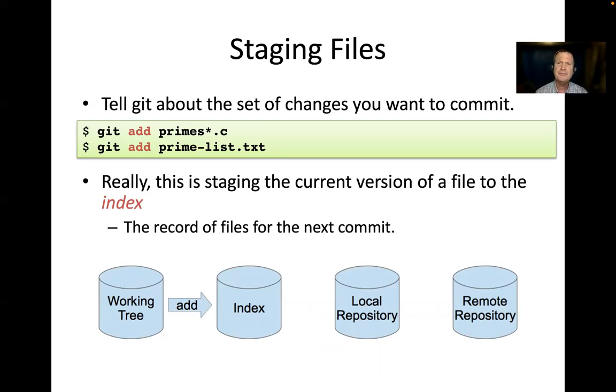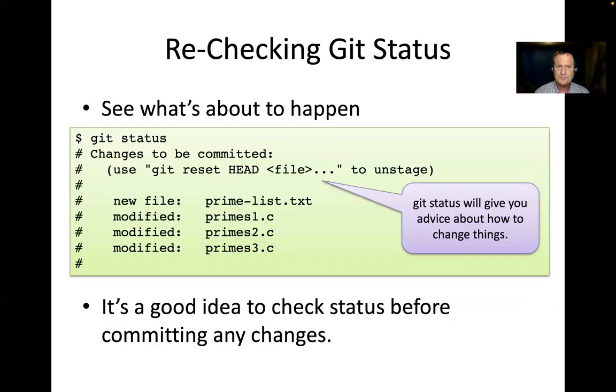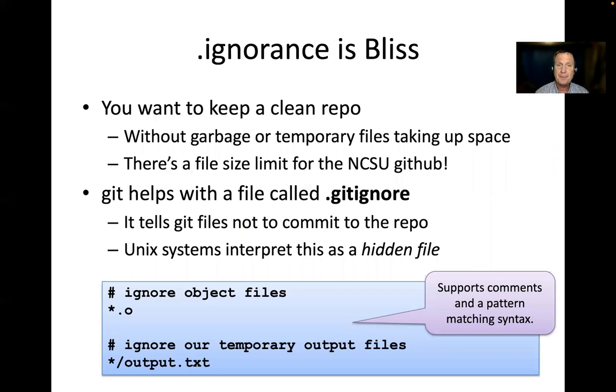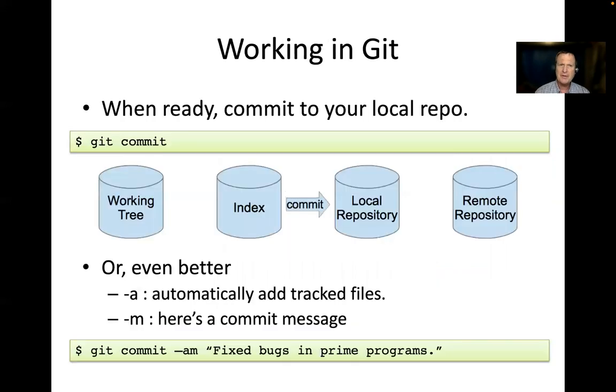And that's the set of changed files that are going to go into the next commit, that are really what's changing in the next version of the repo. So adding our files staged them in the index. If we did a git status then, and we did this in class, it reports what's going to go into the next commit. We just talked about git ignore.